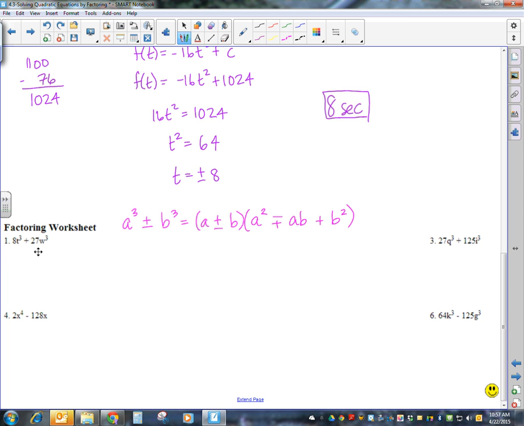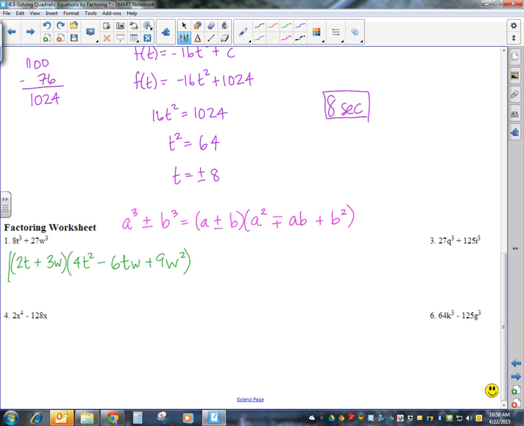So on this particular problem, to factor it, the cube root of 8t cubed is 2t, same sign. Cube root of 27 would be 3w. So then I square the first term, change the sign, multiply them together, tw, and then square the last one.